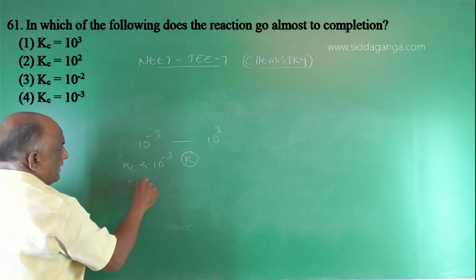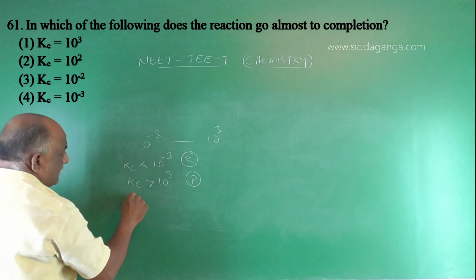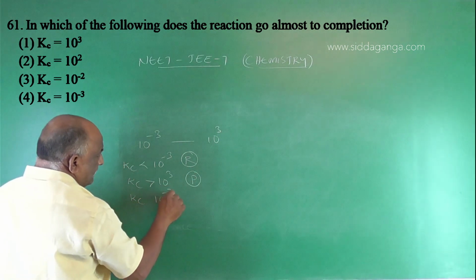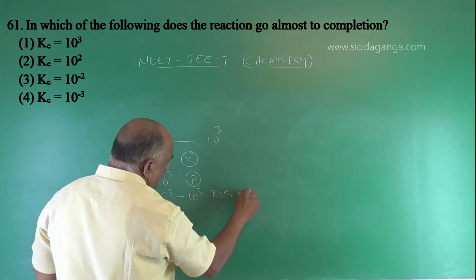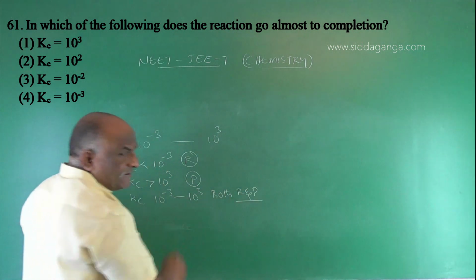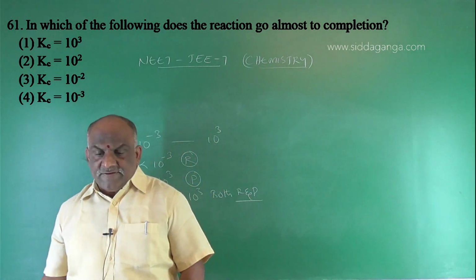Kc greater than 10 power 3: products are predominant. Kc in between 10 power minus 3 to 10 power 3: both reactants and products will be present. This is the condition from chemical equilibrium.